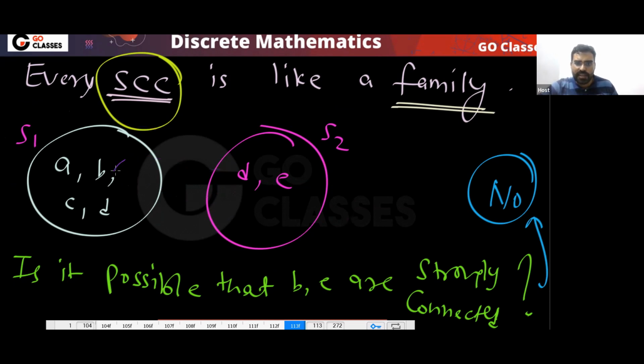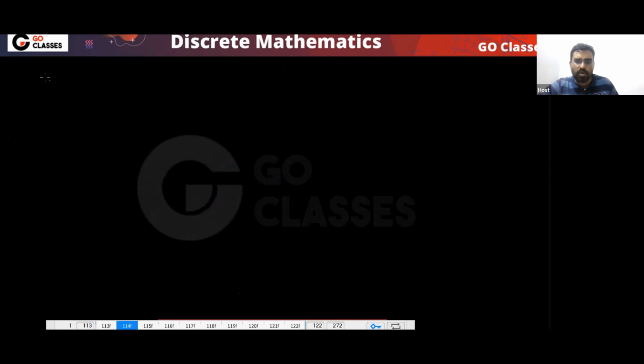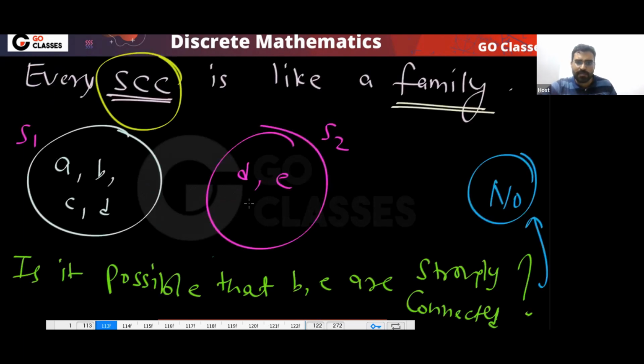If they are strongly connected, then automatically everything will be strongly connected, so everyone will merge.